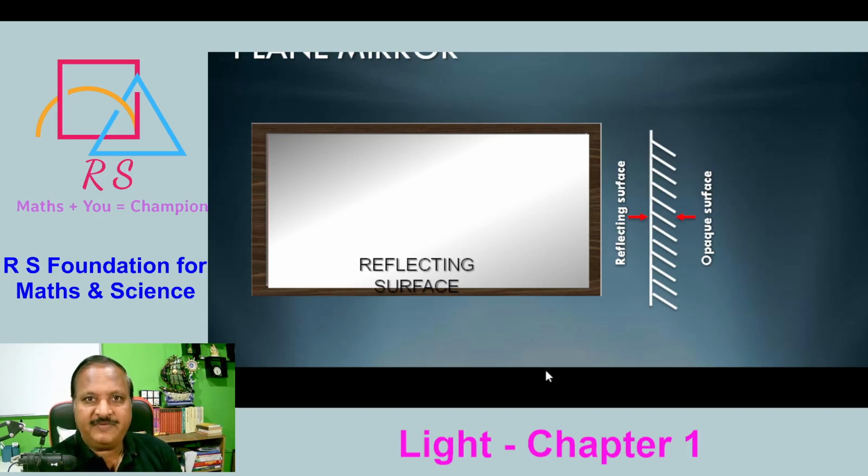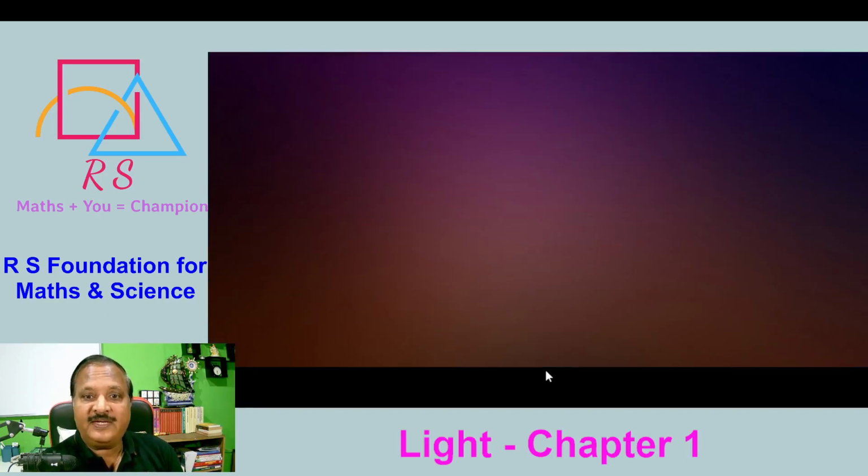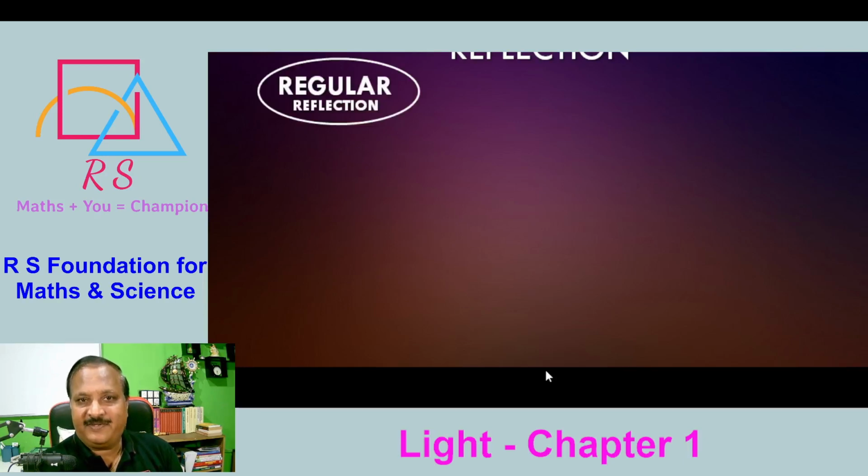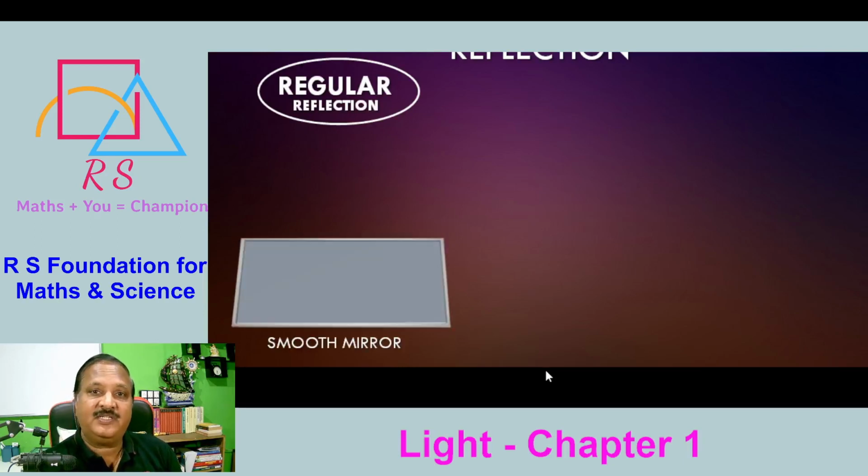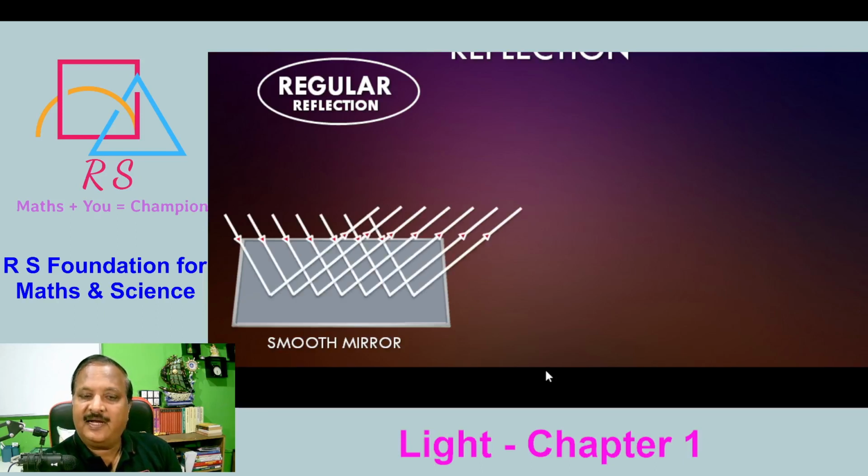So the types of mirror we are going to go through. Now let us understand how reflection takes place in this plane mirror. Before going to that, let us understand a little more about reflection. There are two types of reflection. The first is regular reflection. When a smooth mirror-like thing or polished surface is there, the light falls on it and comes in the regular direction.